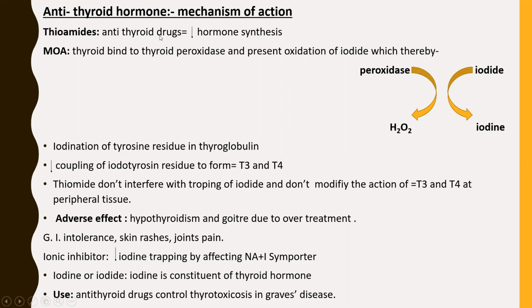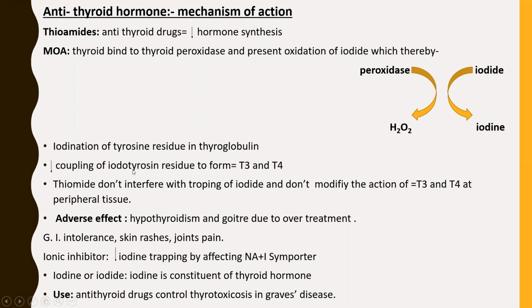Then antithyroid drugs mechanism of action. Thioamides are antithyroid drugs that decrease hormone synthesis. Mechanism of action: they bind to thyroid peroxidase and prevent oxidation of iodide, which is thereby converted into iodine in the presence of peroxidase. Iodination of tyrosine residue in thyroglobulin.